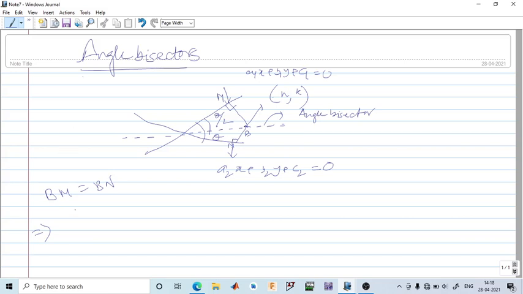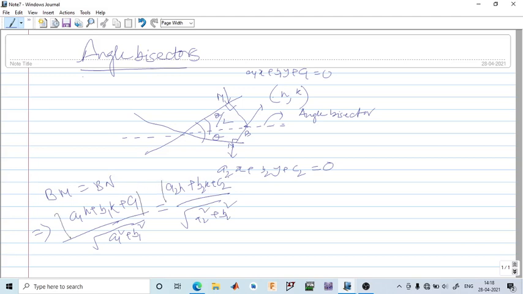We know the formula is a1h plus b1k plus c1 over root a1 square plus b1 square. And for BN we can write a2h plus b2k plus c2 over root a2 square plus b2 square. We use the mod for the distance.